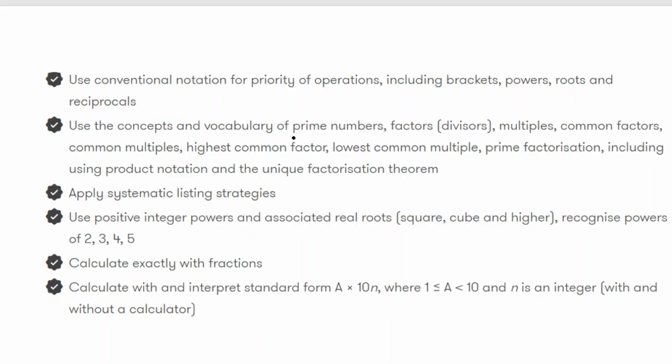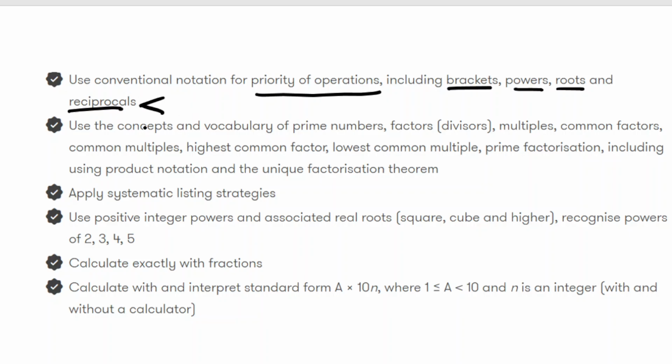Now, moving ahead, what else is there in the number system? Remember the brackets, the BODMAS. Conventional notations for priority of operations, including brackets, power, root, reciprocals.